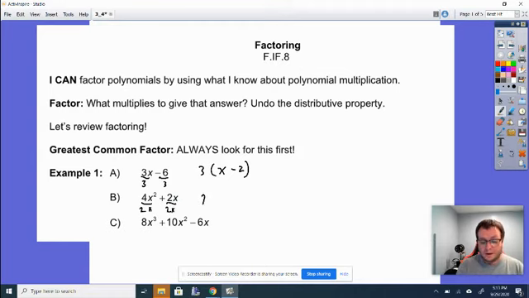Now I want to be careful here, because most students are fine looking at the first one and go, okay, 4 divided by 2 is 2, x squared divided by x, I still have 1, okay? But it's the second part that students forget about. A lot of times I see students go, okay, and I'm done. And the reason they're doing this is because they're saying, okay, well, 2x over 2x, that cancels.